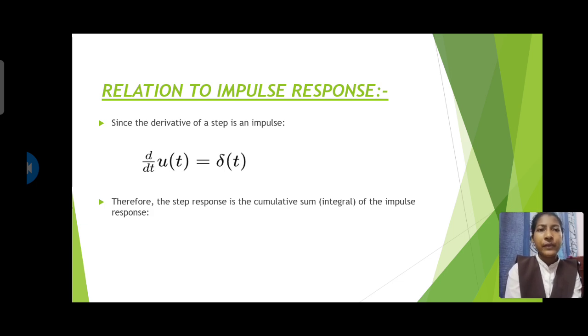If we differentiate the step response we get impulse response. If we integrate the impulse response we get step response. Therefore the step response is the cumulative sum of the impulse response.